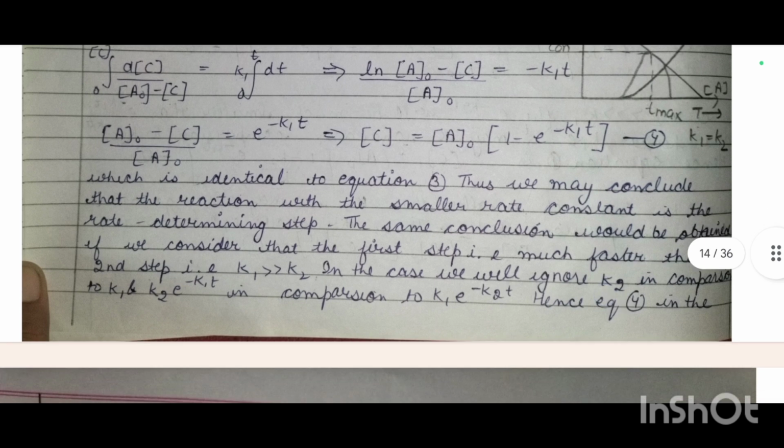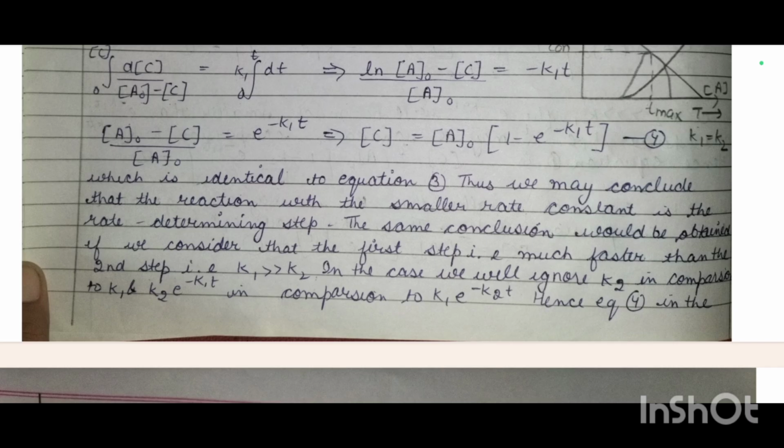which is an identical equation. Thus we have concluded that the reaction with the smaller rate constant is the rate determining step, and the same conclusion will be obtained if we consider the first step to be much faster than the second step, where K1 is greater than K2.